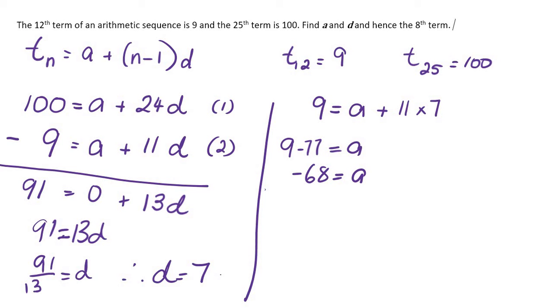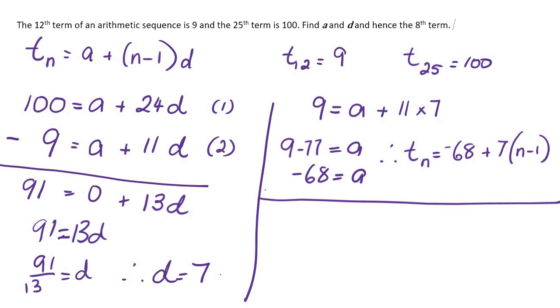So this gives me my rule for my arithmetic sequence: my nth term, Tn, is going to equal negative 68 plus 7 times n minus 1. The question then asks me, what is the 8th term?